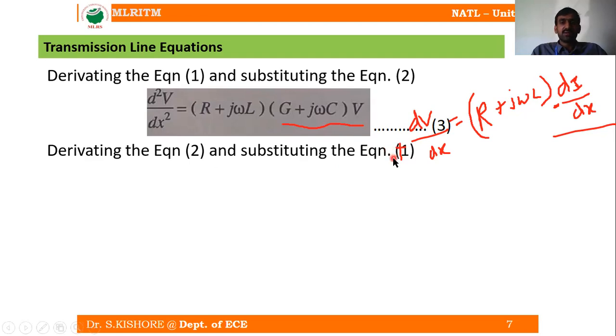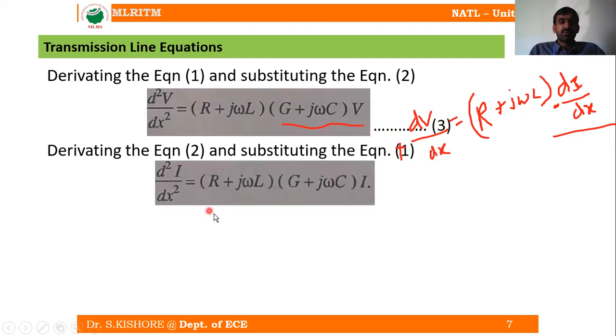Minus dv by dx is equal to r plus j omega l into I. Now if we differentiate equation number 2, d square I by dx square is equal to g plus j omega c into dv by dx. We know that dv by dx is nothing but r plus j omega l into I. So r plus j omega l into I is obtained here.